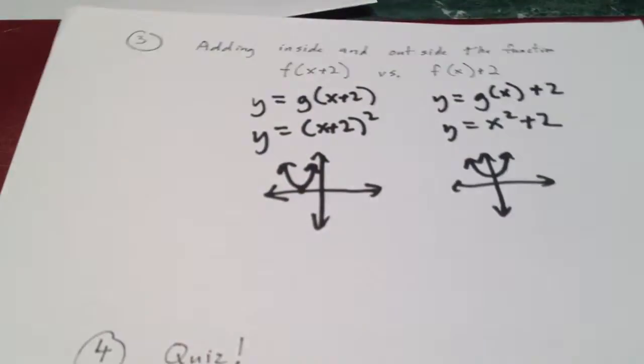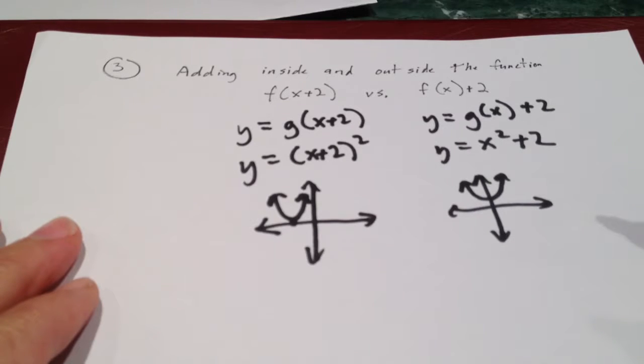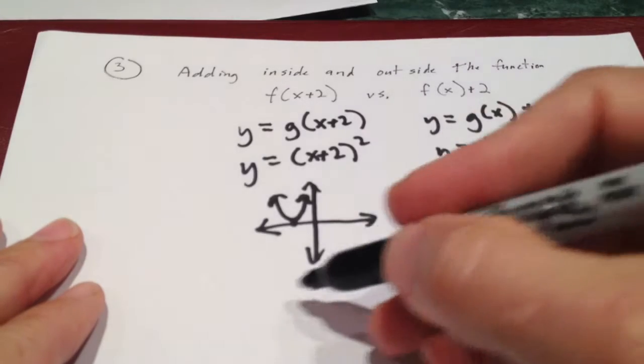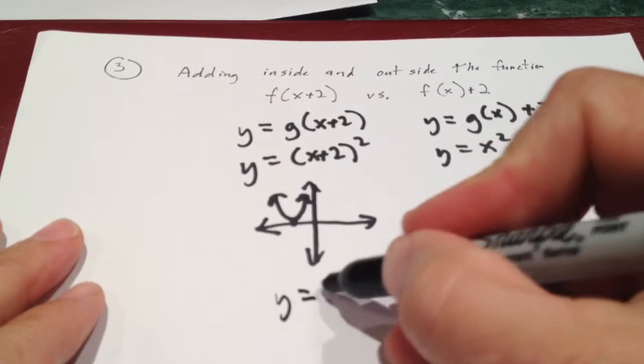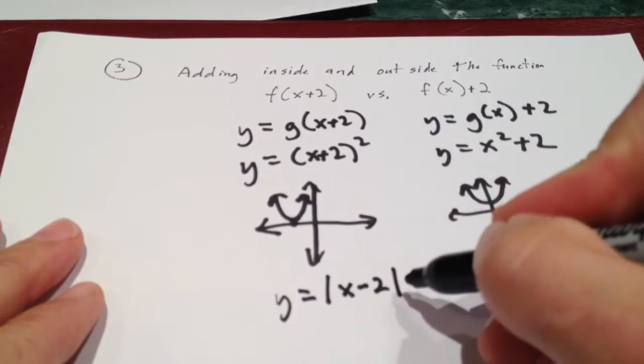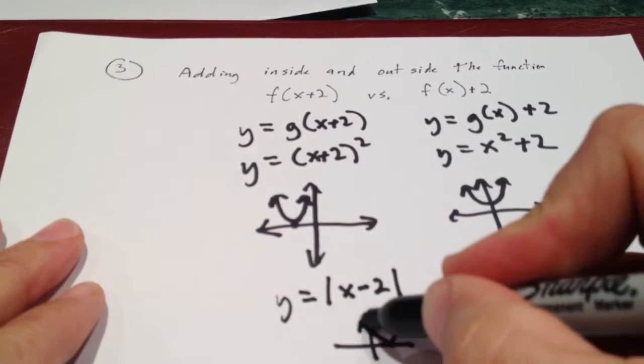And the same thing will happen with the absolute value function. With the absolute value function, if I do y equals the absolute value of x minus 2, that shifts it actually the other way. So that would shift over this way.